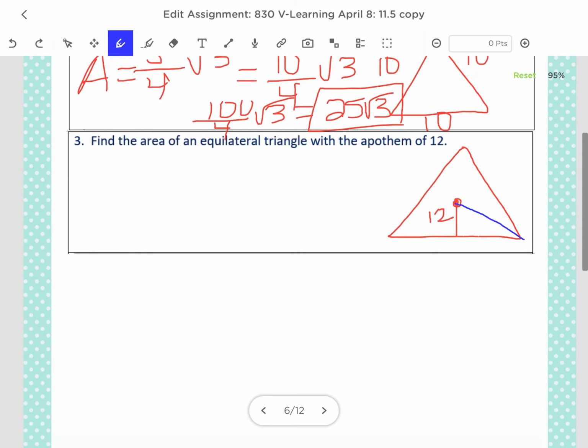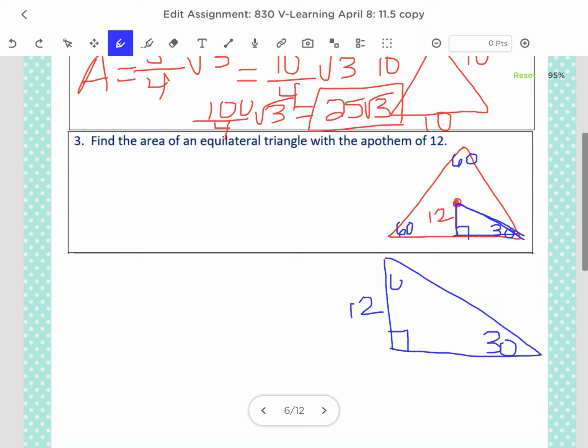Since this is an equilateral triangle, I know all the angles are 60. So by drawing in this radius here, this angle would now be 30. We said before apothems are perpendicular. So I'm going to draw this blue triangle kind of large down here so that we can see everything. Okay, so I know the apothem is 12.